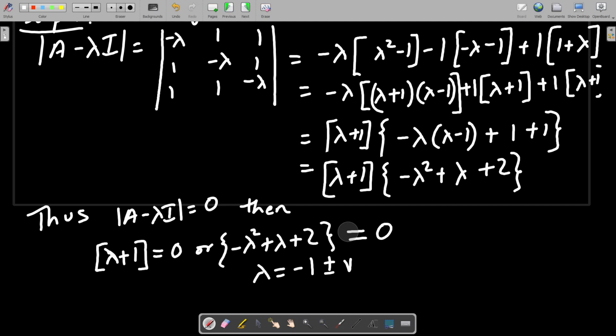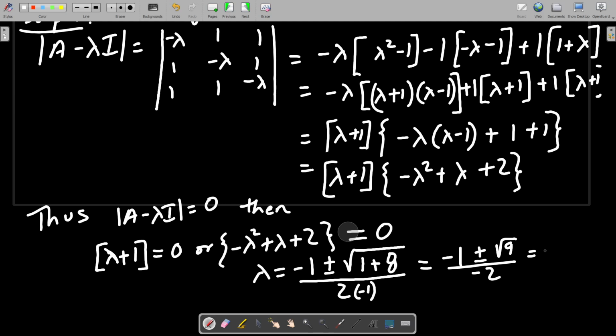Minus b plus or minus root of b square minus 4ac, so minus 4 into 2 into minus 1, so this will give me a plus here. 4 into 2 into minus 1 gives minus 8, that will be plus 8 because there was a minus sign here, upon 2 times a, so that will be 2 times minus 1. So minus 1 plus or minus root 9 upon minus 2. So this will become minus 1 plus or minus 3 upon minus 2.